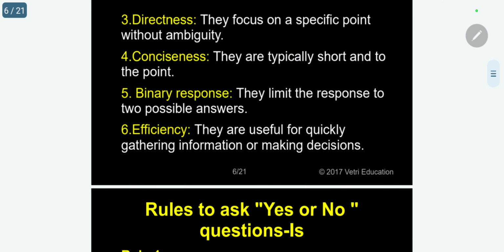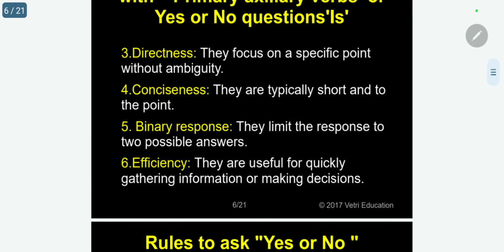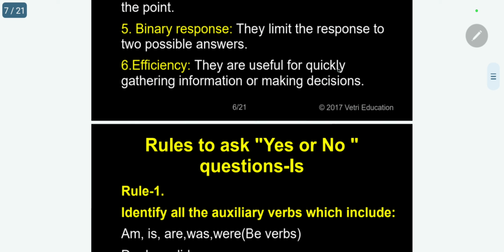Number three, directness: they focus on a specific point without ambiguity. Number four, conciseness: they are typically short and to the point. Number five, binary response: they limit the response to two possible answers, either yes or no. And number six, efficiency: they are useful for quickly gathering information or making decisions.